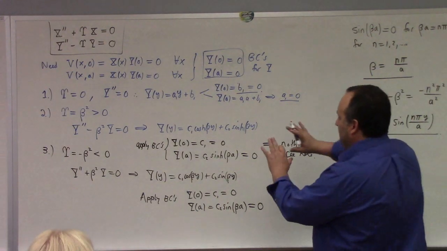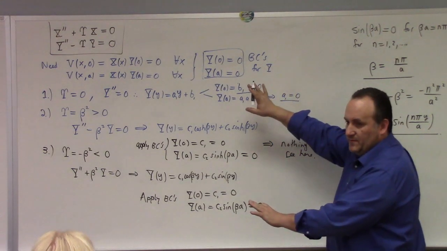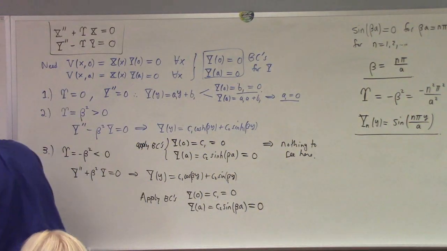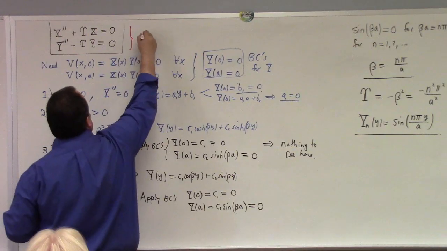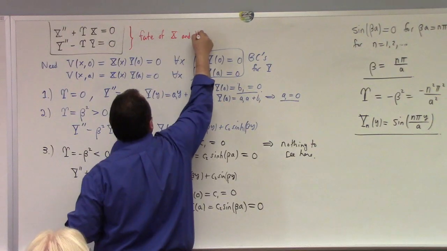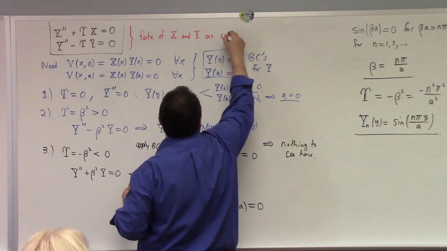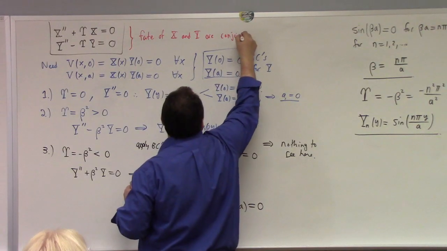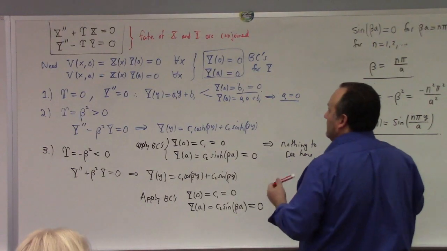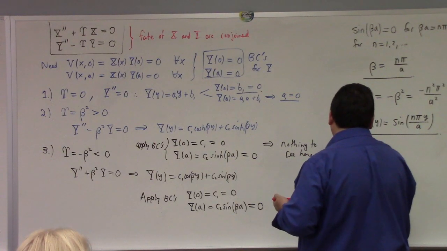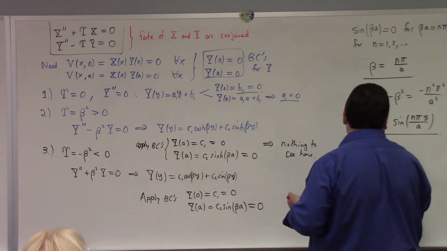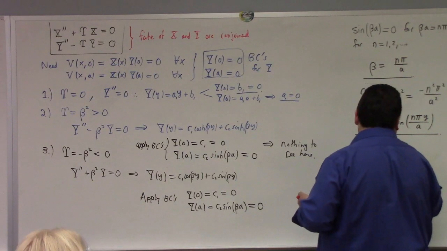Now see, we don't get to go through the story again for X because, look up here, from the get-go, the fate of X and Y are conjoined, right? So what we got? We've got X prime prime plus upsilon, which is apparently minus n squared pi squared over a squared times big X equals 0.